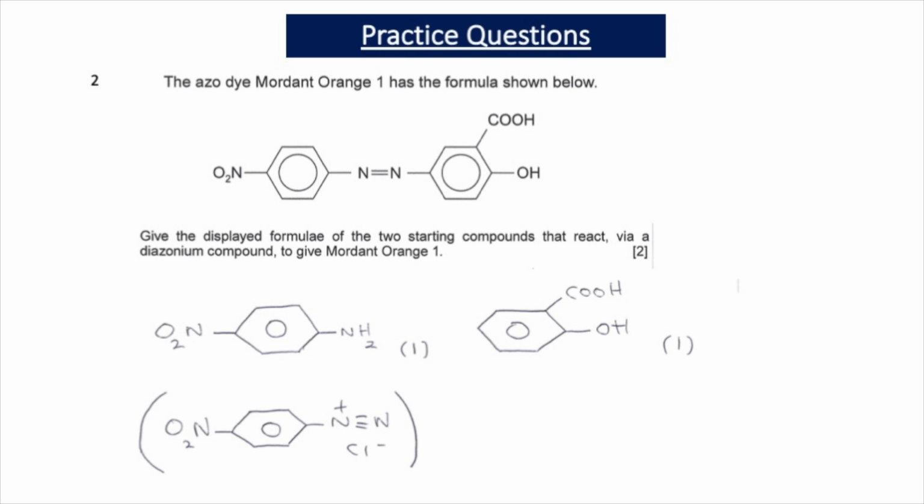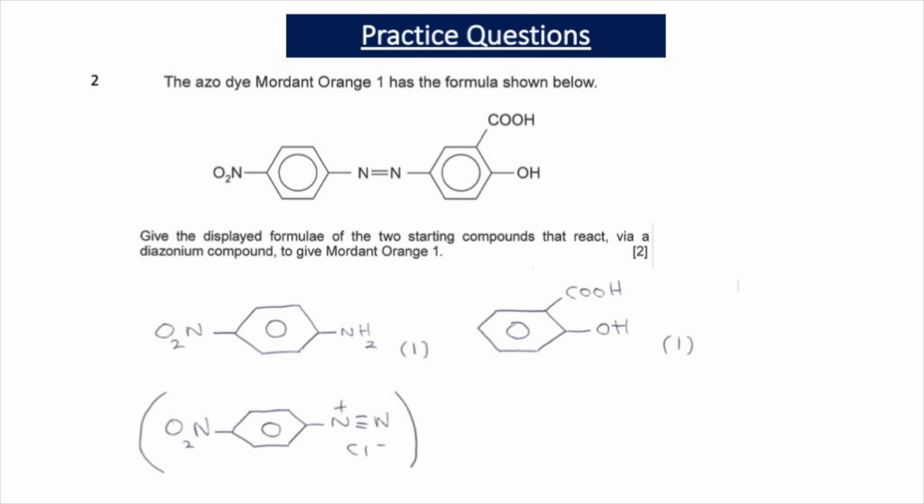So the compound I would need to form the diazonium salt would be a benzene ring with an NH2 group on, and then opposite the NH2 group would be an NO2 group, and that would be the compound that would form the diazonium salt needed to make this dye.